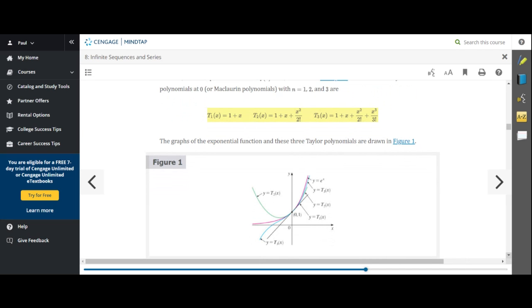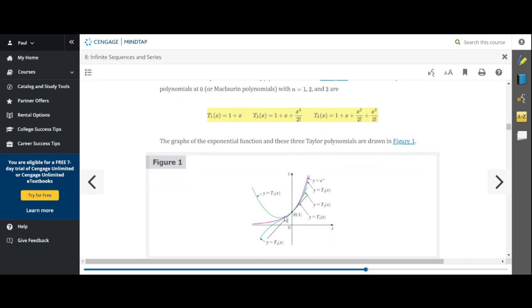So which Taylor polynomial, what can you tell me? Of course, the Taylor polynomials are based off the Maclaurin series, and the Maclaurin series was centered at a equals 0.